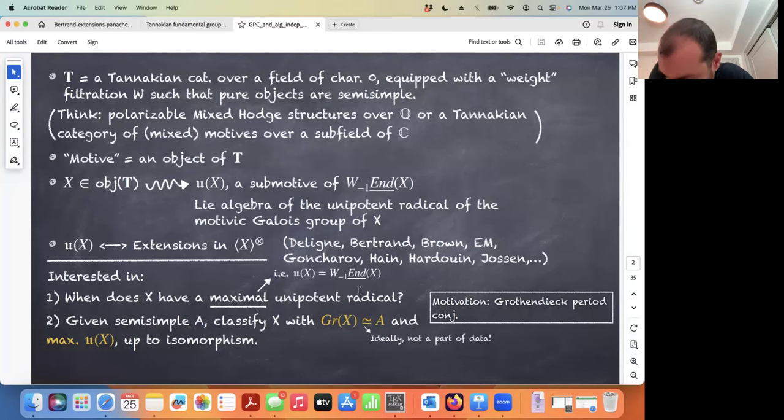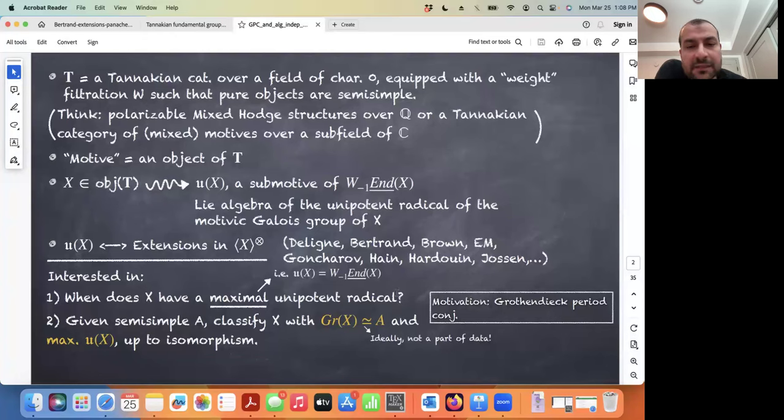If you fix your associated graded, the motives that have maximal unipotent radical will have the maximum dimension of motivic fundamental group, motivic Galois group, and hence Grothendieck's period conjecture would predict that they should have the highest possible transcendence degree of the field generated by periods. So my first question is: if you give me an X, when does it have a maximal unipotent radical? Some sort of criterion.